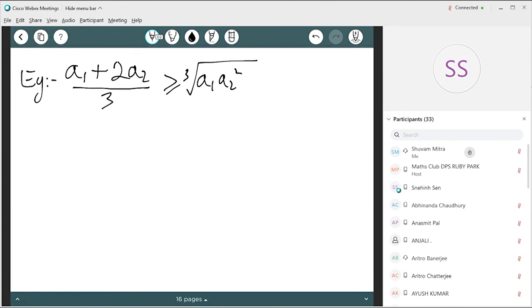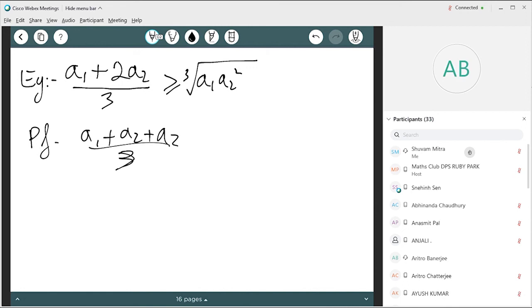Can you prove this one? This isn't hard at all. Can I try once? Yeah, surely. Okay, so we are taking three terms here, A1, A2, and A2. Exactly. So by AMGM inequality, we have (A1 plus A2 plus A2) by 3 is greater than or equal to the cube root of A1 into A2 into A2.